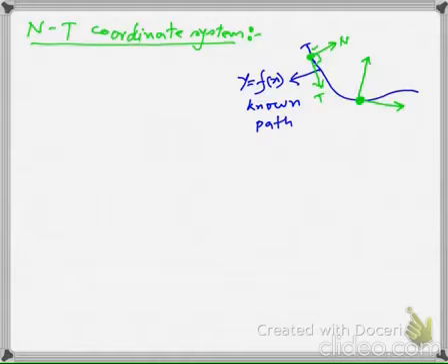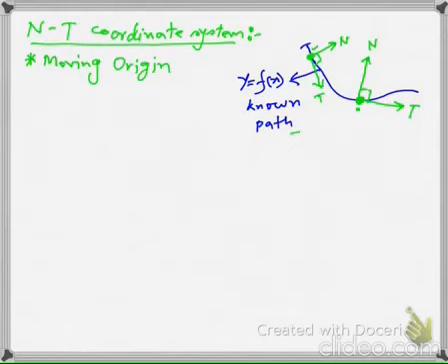My t-axis, the tangential axis, will be this, and the normal axis will be in this direction, and this is always 90 degrees. So we talked about it being a moving origin. The origin of the n-t coordinate system moves with the particle. And we have to know the path.